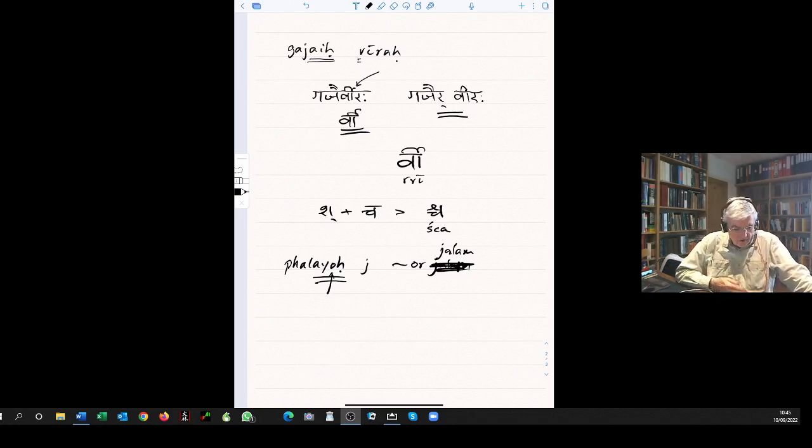So sentence 3A, Virasya balo bhavati. Before sandhi, that would have been balaha bhavati, balo bhavati. So of the hero, a son or child is, meaning the hero has a child.